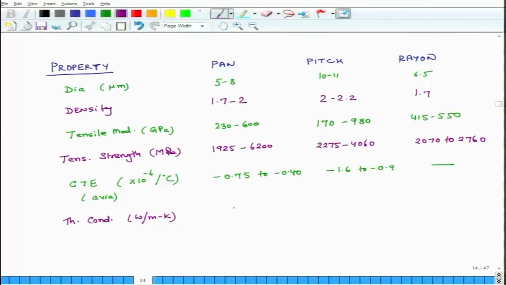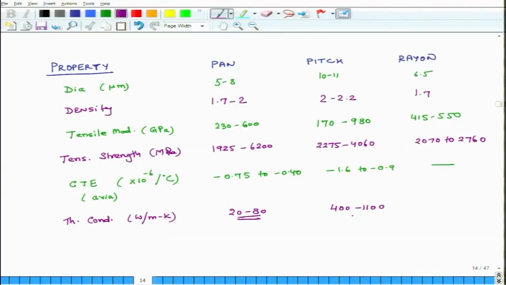For a PAN based graphite fiber, it is 20 to 80. Okay. Thermal conductivity of copper is 400, very pure copper or silver goes way up there. For pitch based graphite fiber, it is 400 to 1100.